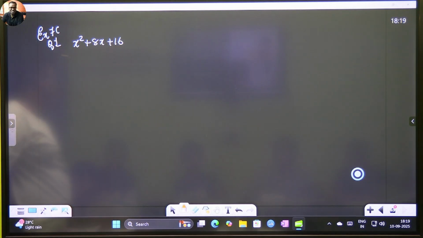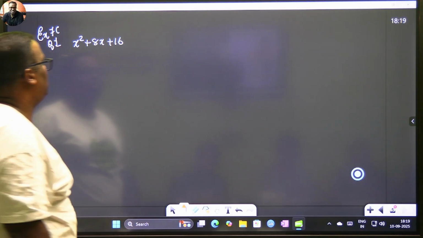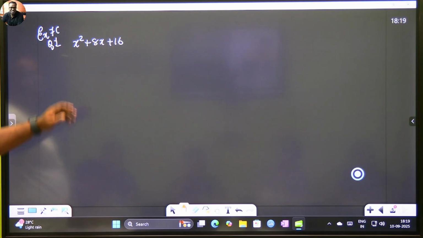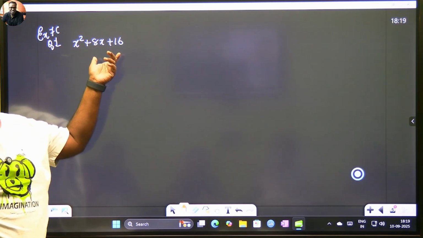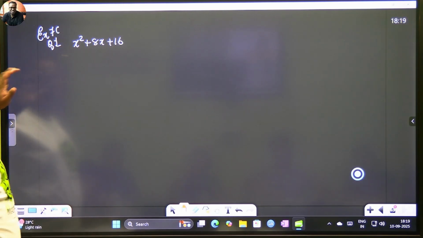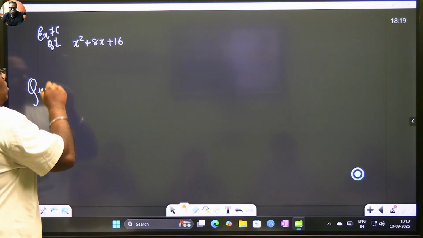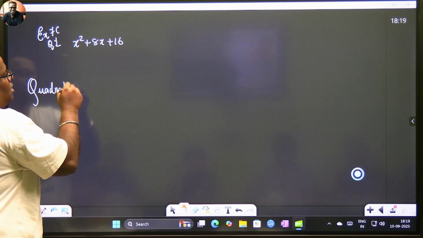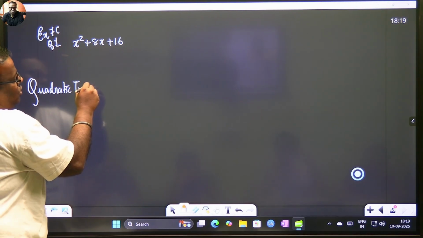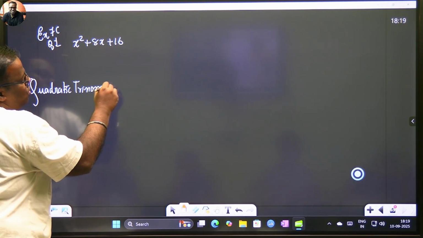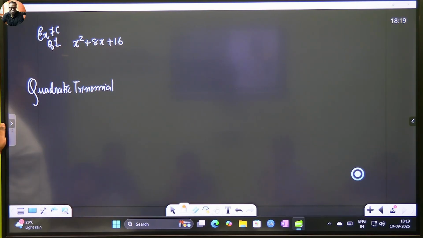When you do such problems, they are actually called quadratic trinomials. In the exam, these are known as quadratic trinomials. Since you are doing 7C, this is the easy part of solving quadratic trinomials.